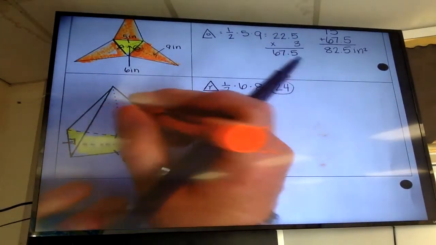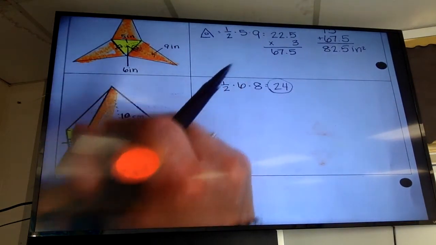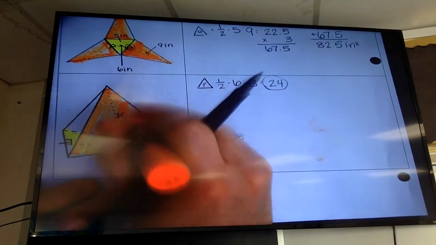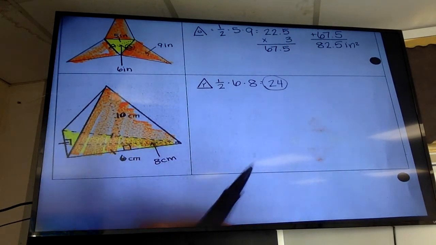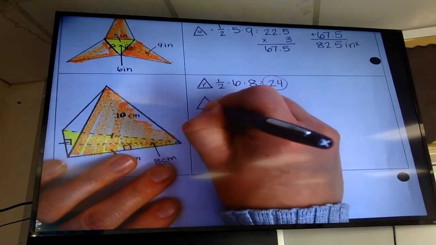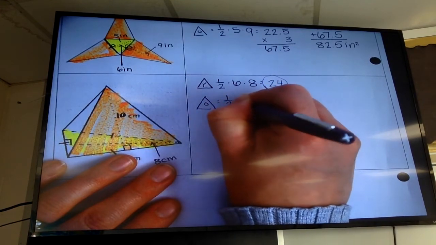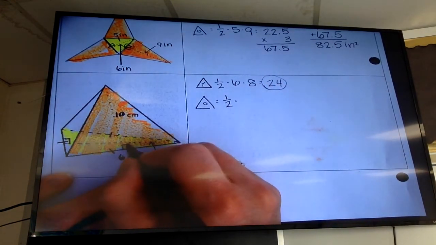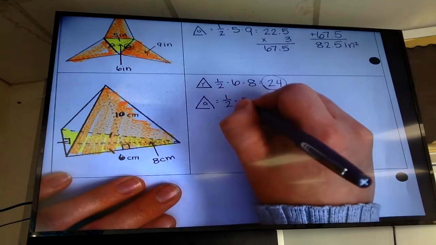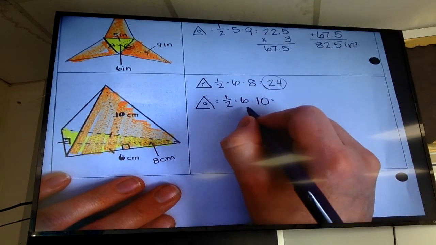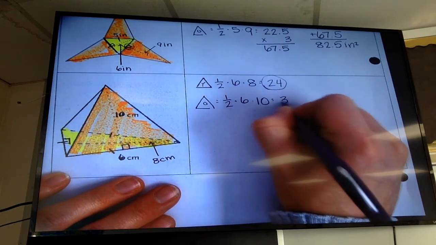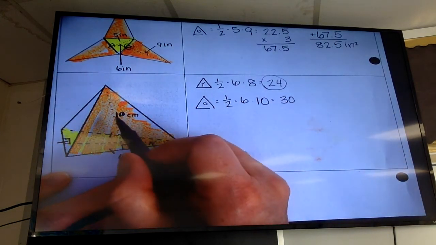There's only one triangular base. However, I have 3 identical triangular faces, and those are these ones right here that I'm shading in orange. Say the orange one is 1/2 times, here's my 90-degree angle, my base is 6, and my height is 10 this time. So 1/2 of 6 is 3, and 3 times 10 is 30. But we don't have just one of those.